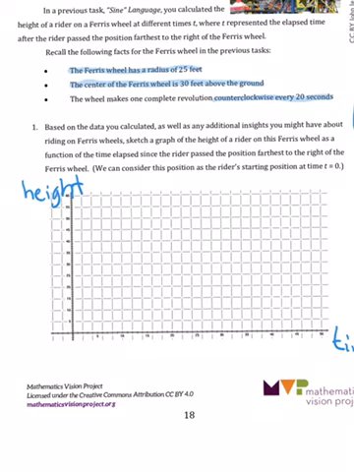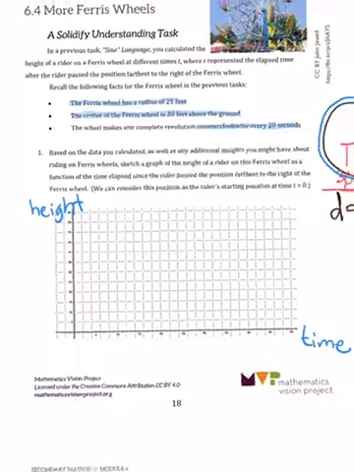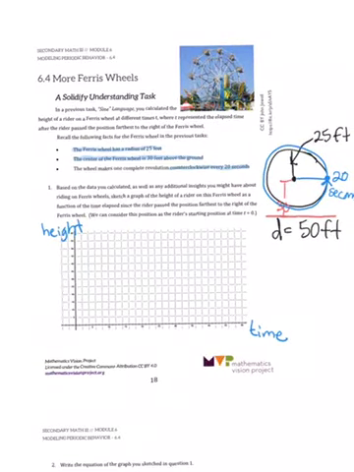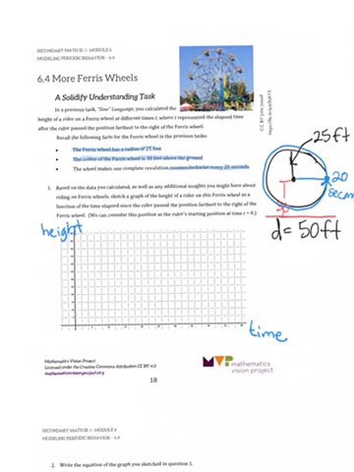That's the height, and the time's going from 0 seconds to 50 seconds. So right now I know the center of the wheel is starting at 30 at 0 seconds. And then every 20 seconds, it's going to be back at 30 again. So it'll be at 30 at 20, and it's going to be at 30 at 40.